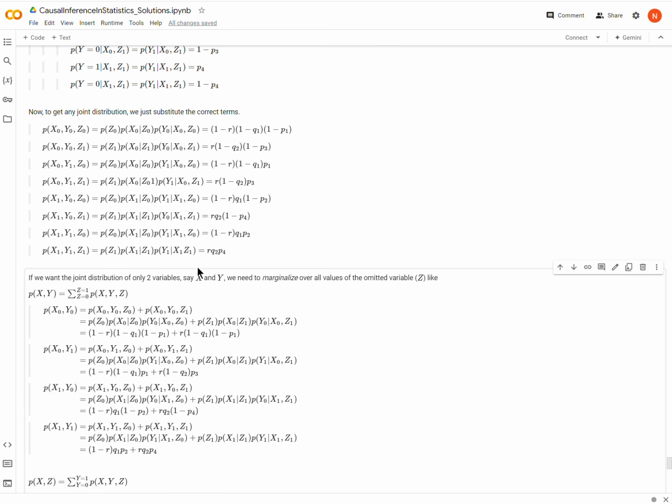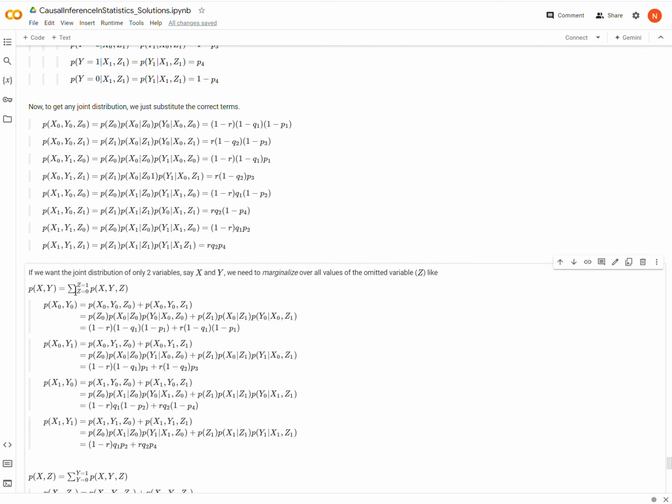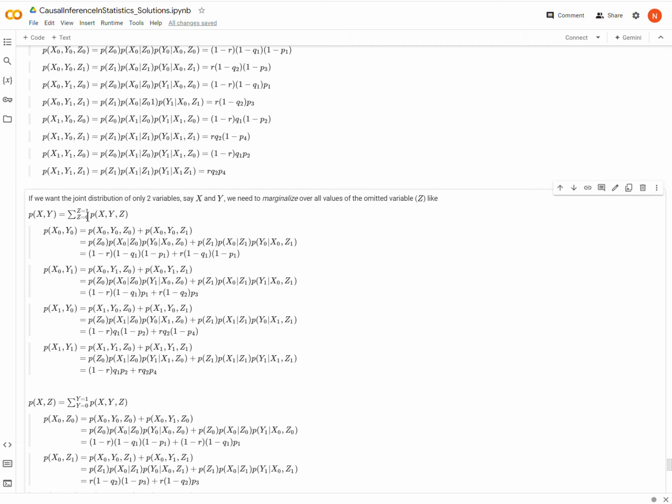Instead, I take my joint probability distribution and marginalize over all values for the omitted variable. So for x and y, I sum over every possible value of z, because I'm trying to get rid of z, so I need to account for all values of z.